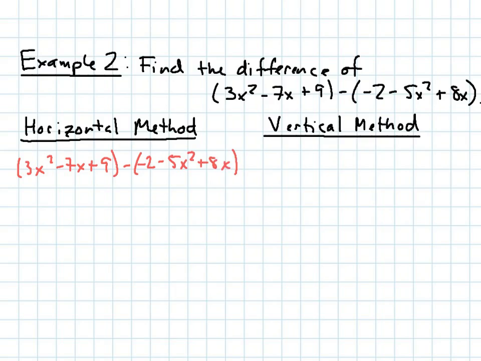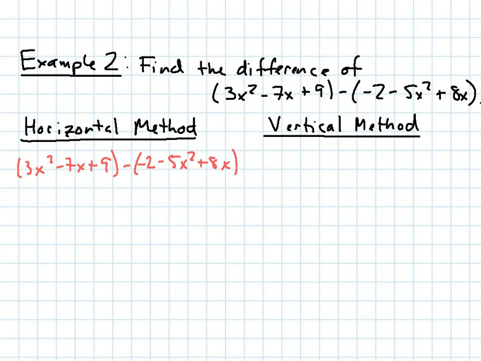Because of the subtraction, there's an extra step that we need to do. So for example 2, horizontal method, there's a step before we group: we have to distribute the -1. So we're going to change it into an addition problem before we actually group and combine.